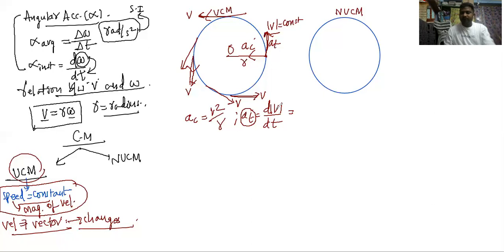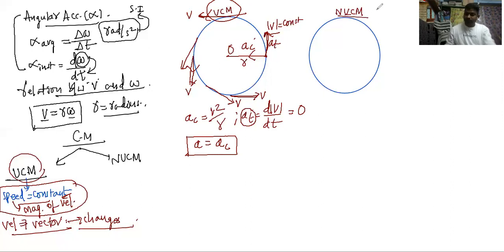Mod v bar is the magnitude of the velocity, which is the speed in this case. That speed is constant, so d by dt of a constant is 0. So in uniform circular motion, the only acceleration present is the centripetal acceleration, my dear students. This is the uniform circular motion.